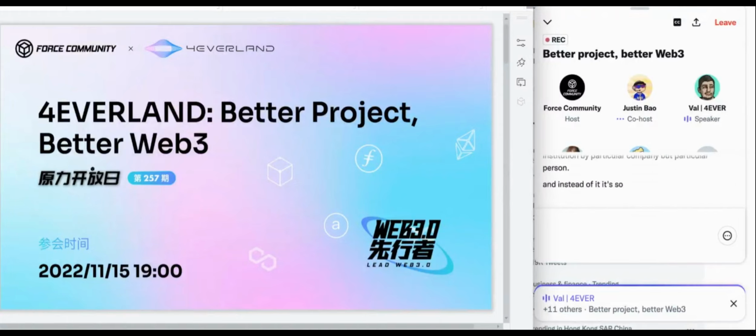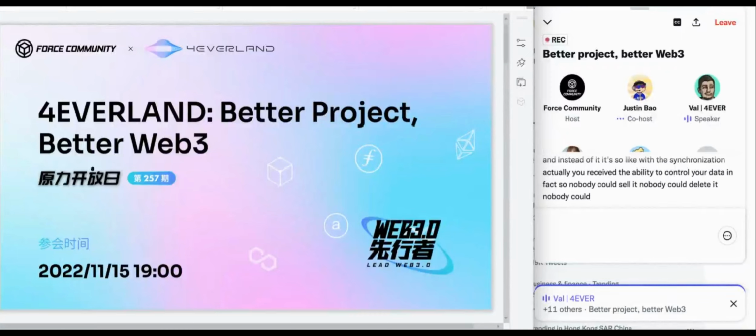With decentralization, you actually receive the ability to control your data. Nobody can sell it, nobody can delete it, nobody can change it, and you have the proof that this is your data. Let's imagine there's a file uploaded to IPFS.